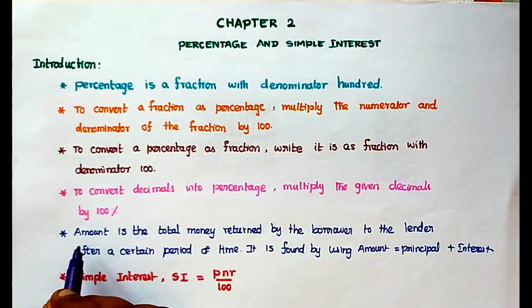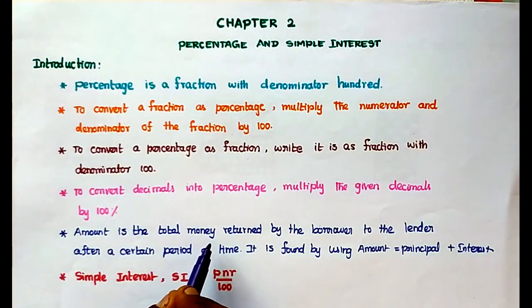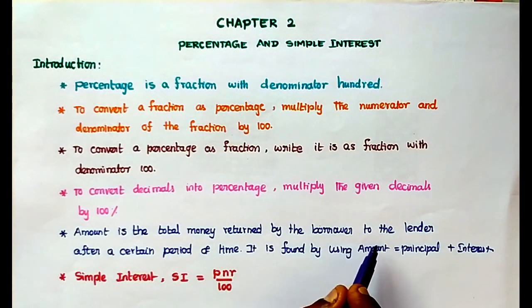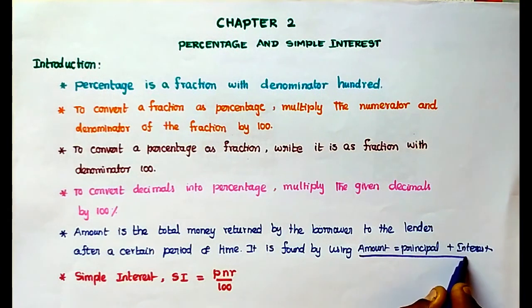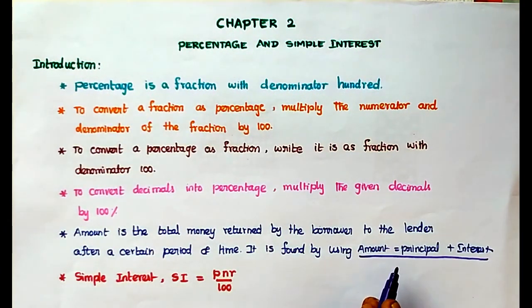Next, amount is the total money returned by the borrower to the lender after a certain period of time. It is found by using amount equals principal plus interest, A equals P plus I. Next, simple interest equals PNR by 100.